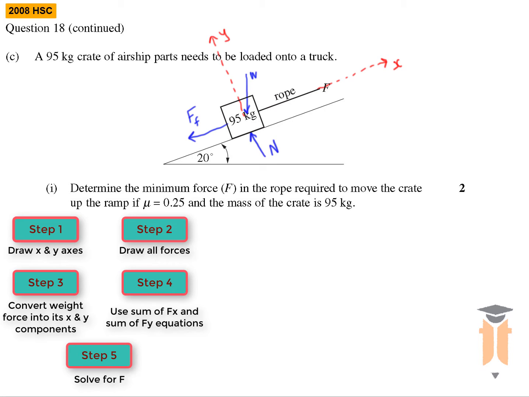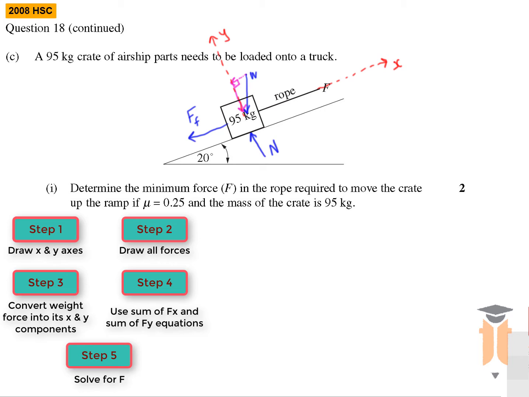Okay, now we've got that, we can now break up our weight force into its X and Y components. So to draw up the X component, it has to be parallel to the X-axis. So it will be going like this. And then the Y component will be going along the Y-axis. And there's my right angle.